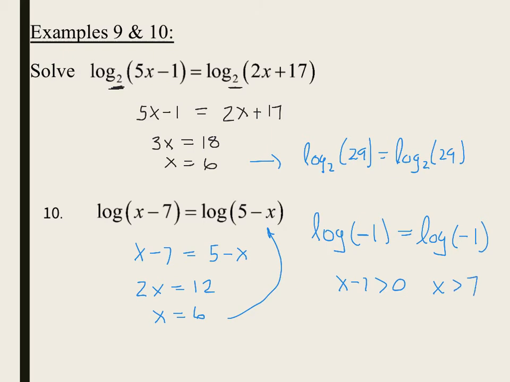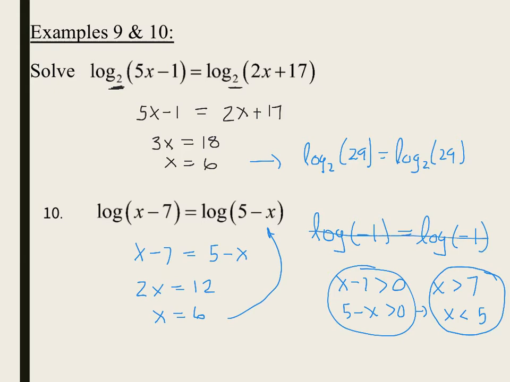And on the other side, it's 5 minus x is greater than 0, which implies that, in fact, x has to be less than 5 on the other side of the equation. So these don't work out because this doesn't work out. So this is a meaningless solution.